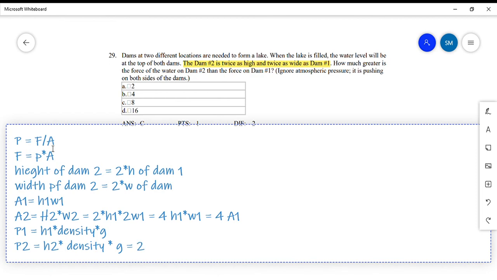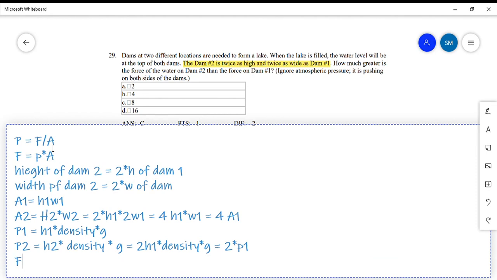So 2H1 times density times G is basically equal to 2 times P1, to be more clear, 2P1.